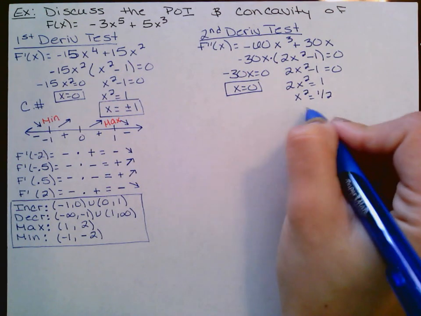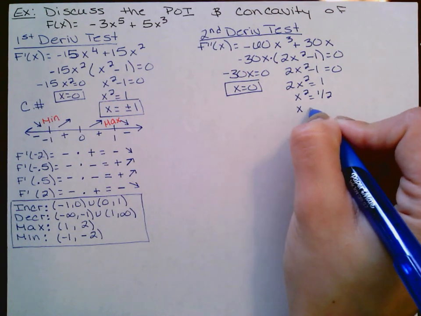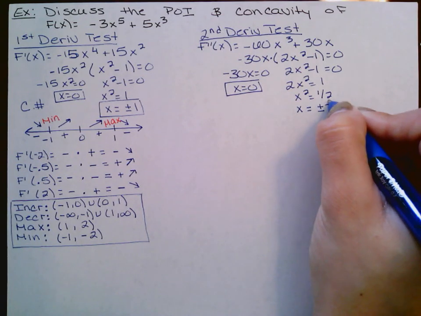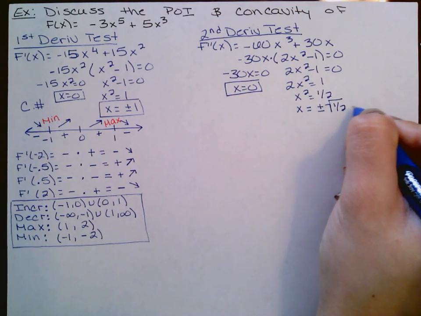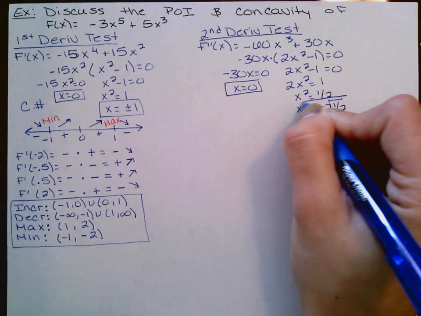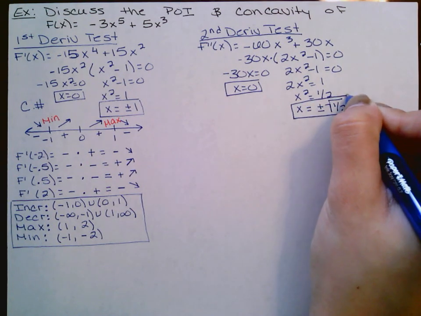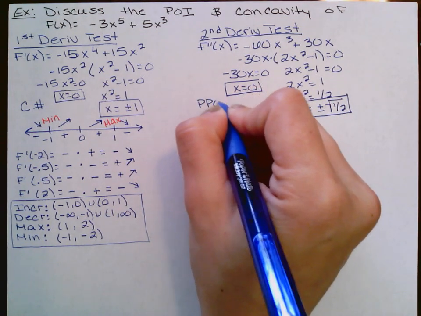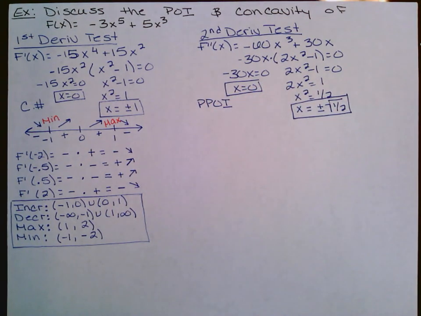And now I really need to get that x by itself, so I need to do square root. Remember that every even root ends up with a plus or minus. So I know this looks like an ugly answer. I promise it won't be too bad. Okay, and these are my possible points of inflection.